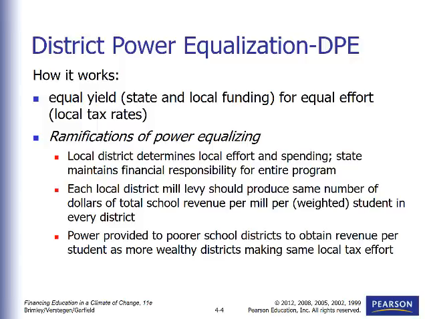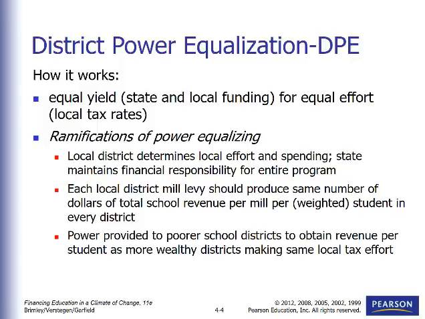So some problems with this, though, are, if we say that the state is going to provide 10 mills per weighted student and the district will provide 10 mills per weighted student, then one of the problems here is the local district determines local effort and spending. State maintains financial responsibility for the entire program.